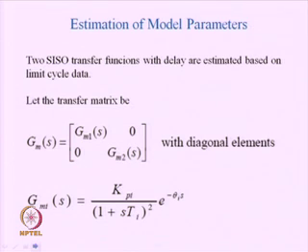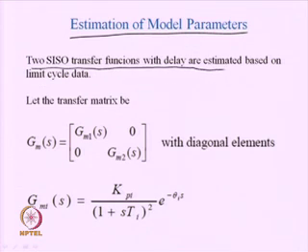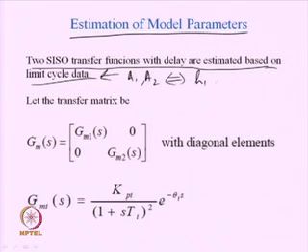under relay control. So, now we shall describe in detail the estimation technique when the relay test is performed. So, two SISO transfer functions with delay are estimated based on the limit cycle data. What do we mean by the limit cycle data? We measure A1 and A2, of course, with the help of the relay settings of H1 and H2.